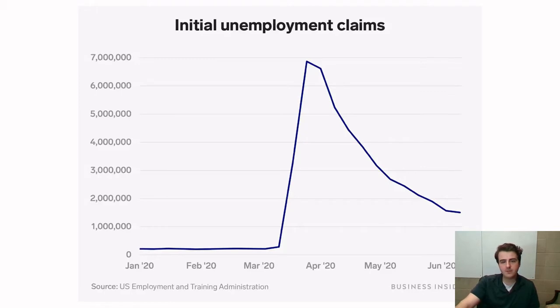This next graph shows the initial unemployment claims as COVID ran in, started becoming a pretty big problem early this spring. So the point that I'm driving at here is expectations.